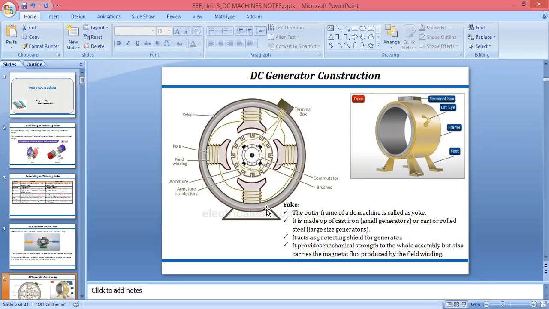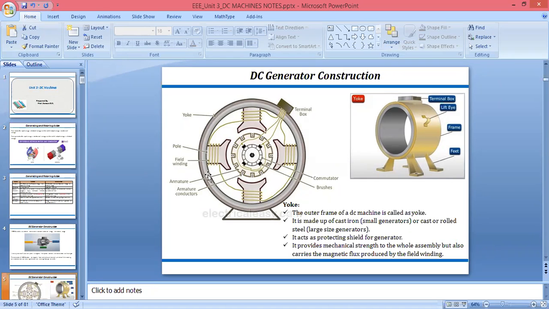It will protect the whole assembly and it will provide mechanical strength. It is made for small generators or large size generators. To make the yoke, we can use cast iron. This yoke we can make from cast iron.